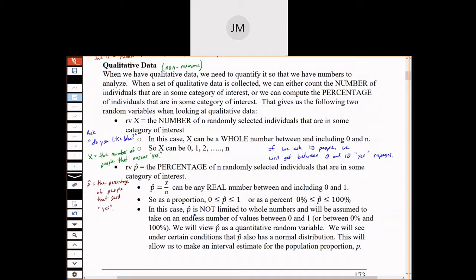So the p hat is not only going to give me real numbers, not whole numbers, but if I think of taking big samples, I can get all sorts of different values between 0 and 1, right? There's all sorts of different possible percentages that you can get, okay, when you take a different sample.